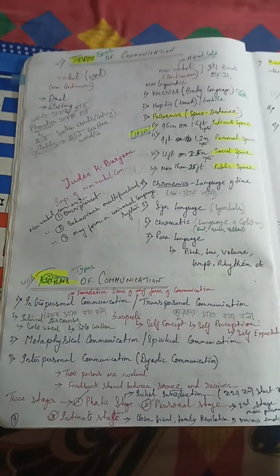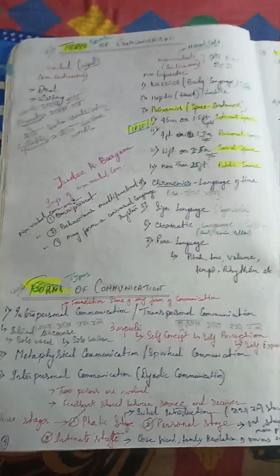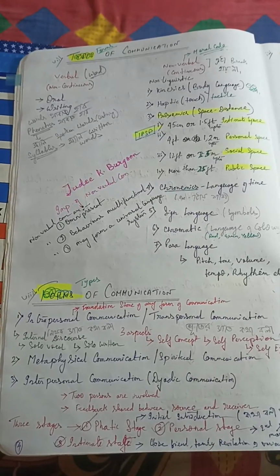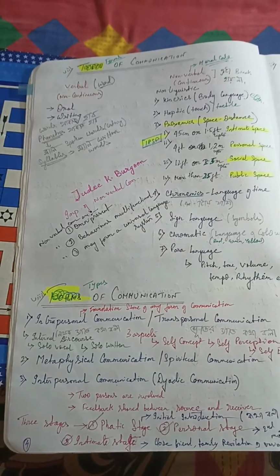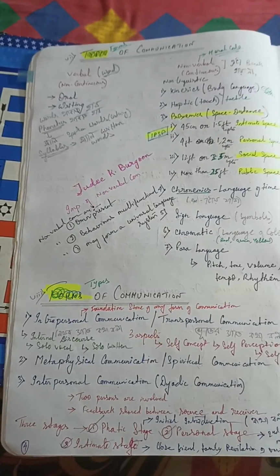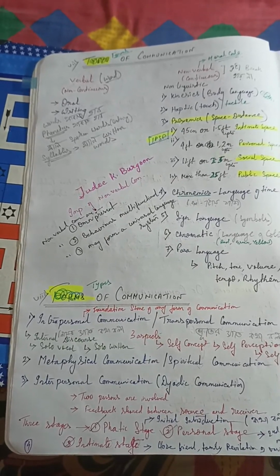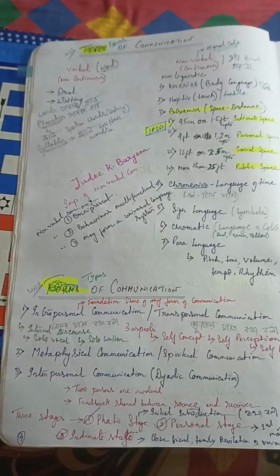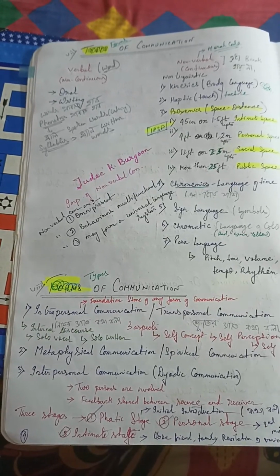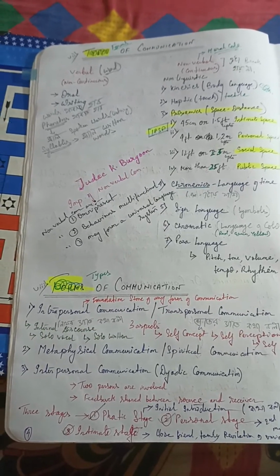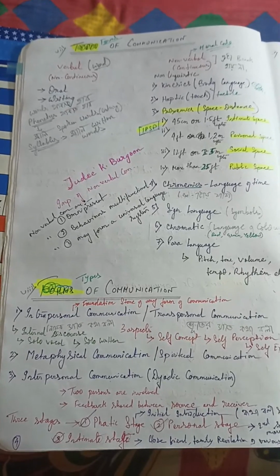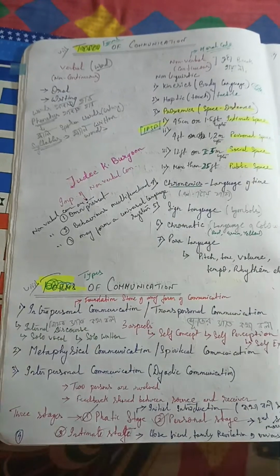Now, forms of communication. Communication can be divided into 2 parts: one is verbal and one is non-verbal. Verbal means a communication where words are involved, and in non-verbal, words are not involved. Verbal communication does not only mean spoken words.